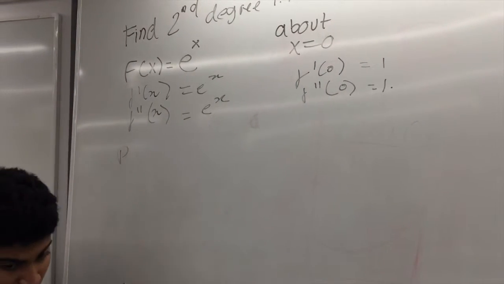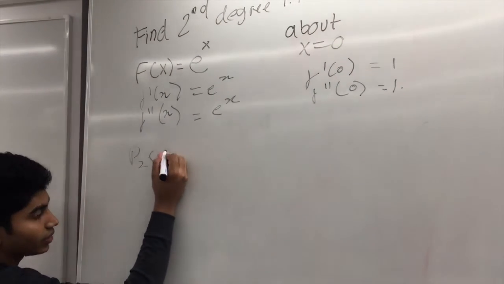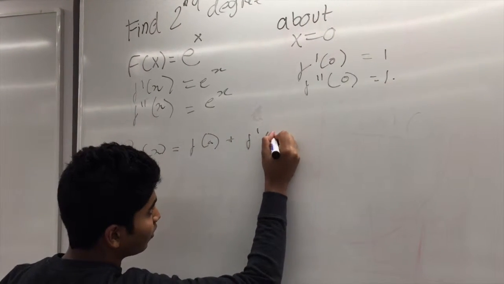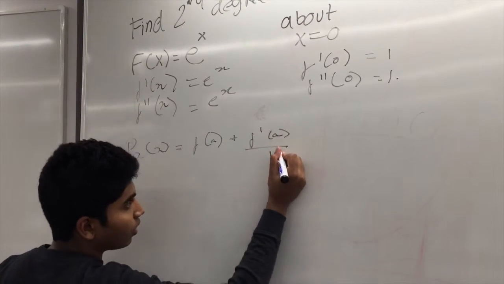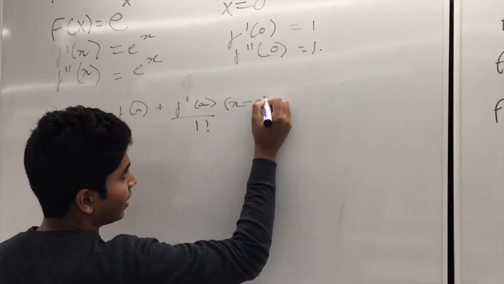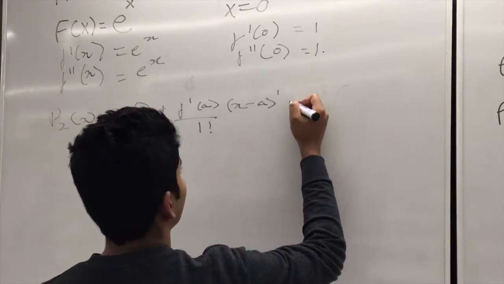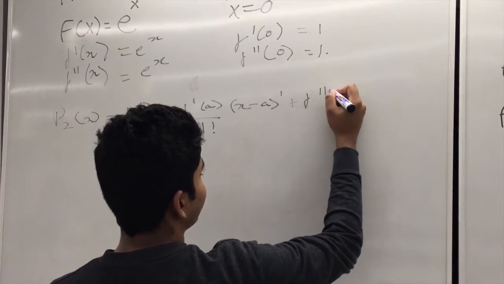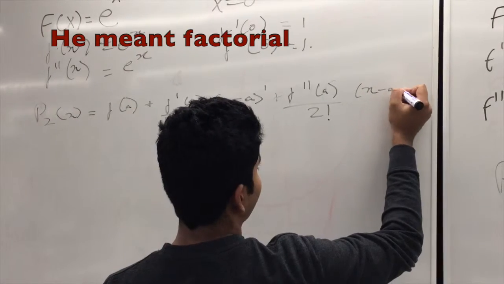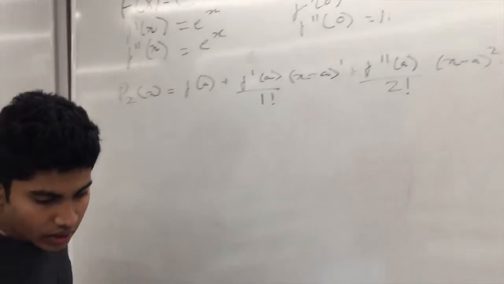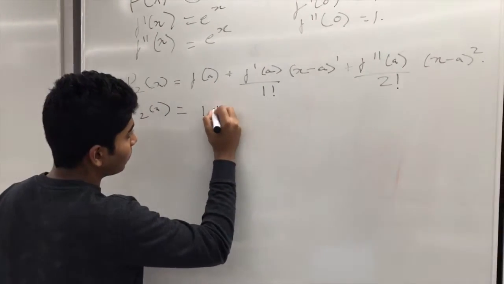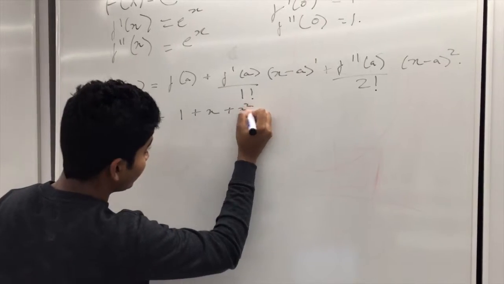So to write the general formula of the Taylor polynomial, because it's second degree, I'll write it as f of a plus f first derivative of a over 1 factorial times x minus a, and I'll add to it the second derivative of a over 2 factorial times x minus a squared. So the final answer would be 1 plus x plus x squared over 2.